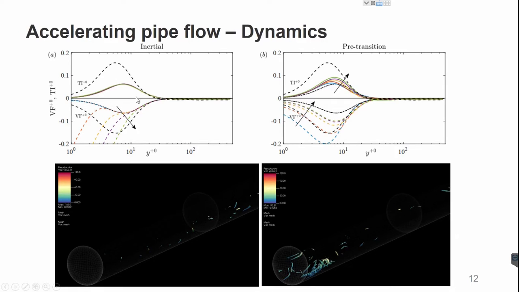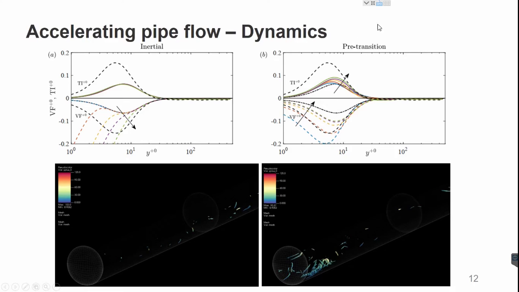And we can see some similar behavior. In the inertial stage, we have a dramatic change in the viscous forces and a nearly unchanged response in turbulence, which is consistent with this frozen turbulence we saw at the beginning of the acceleration.